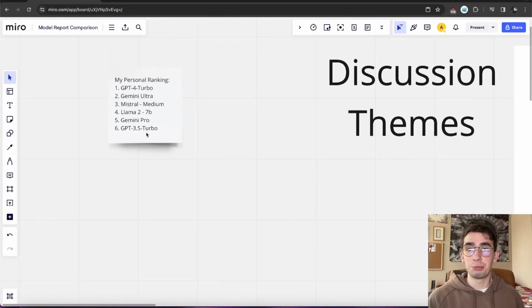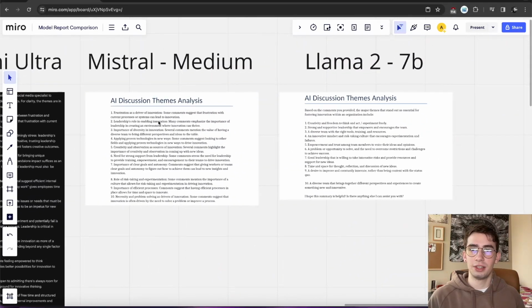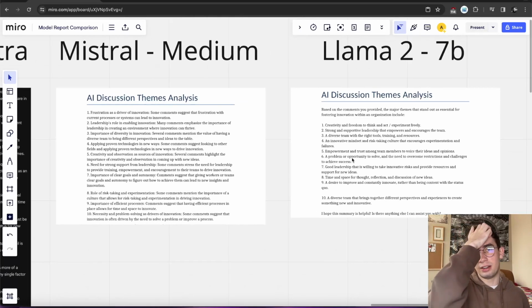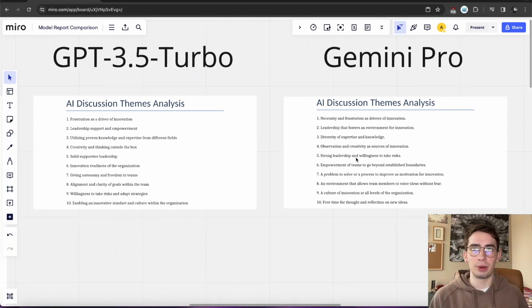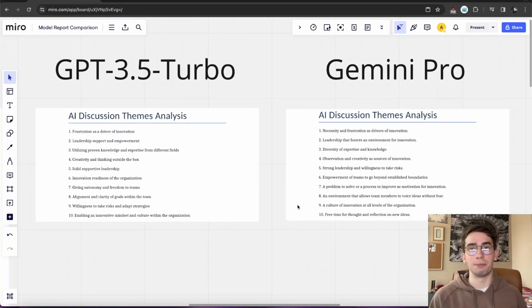Then I liked Mistral-Medium and Llama2, pretty much because they were sort of that happy medium of giving the more complex and nuanced themes with a little bit of that explanation. And then Llama2 sort of combined that into one full line rather than summarizing it into the small ones, which is where GPT 3.5 Turbo and Gemini Pro pretty much fell for me right at the end.